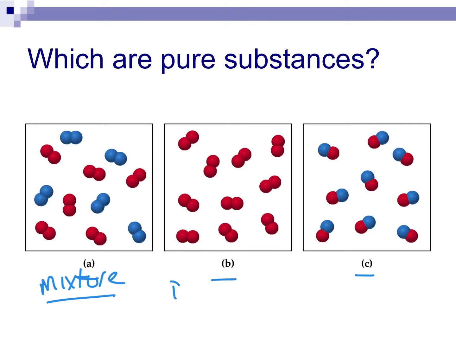Substance B is a pure substance because all of the atoms present are the same in all of the molecules that are present. Okay, so all of the molecules that are there are the same as the others. So for B, is it an atom or a molecule that you see? You can ask a lot of questions about this picture.